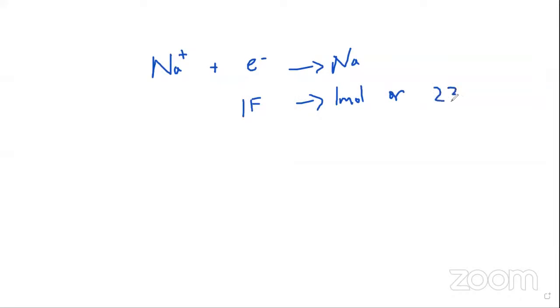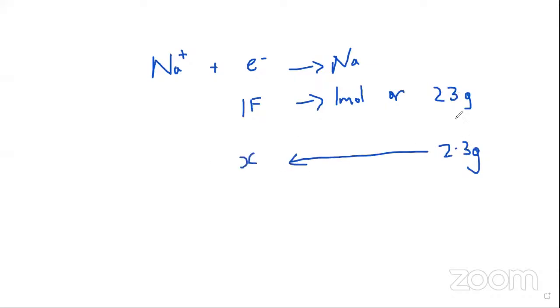So this is sodium. Na+ + e- gives us Na. So that's 1 Faraday, 1 mole of electron, producing 1 mole of sodium, which is 23 grams. The molar mass of sodium is 23. So if we have 2.3 grams, from 23 to 2.3 you divide by 10.